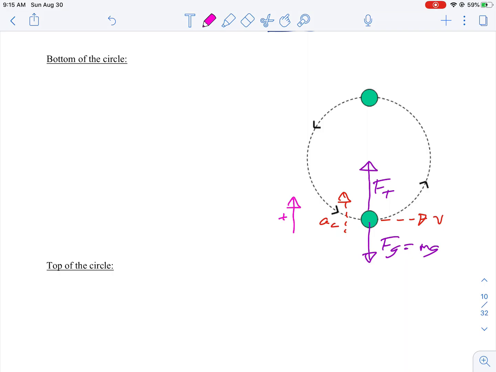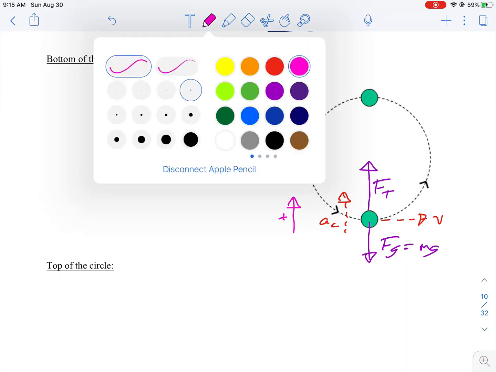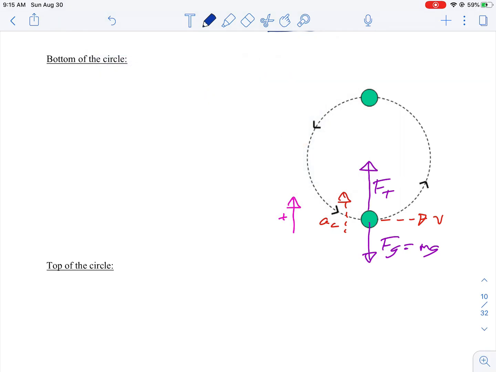Then we can analyze this the way we typically do. We know this is going to be uniform circular motion, so Newton's second law gives F net equal to ma.